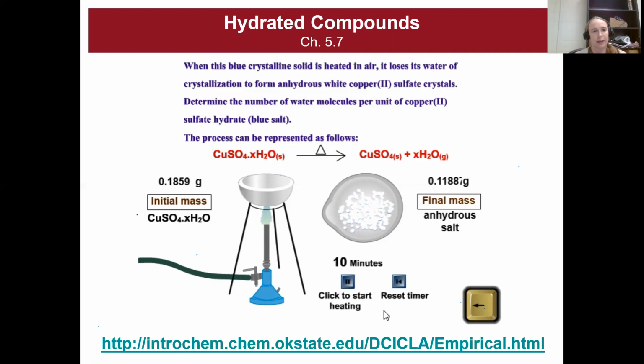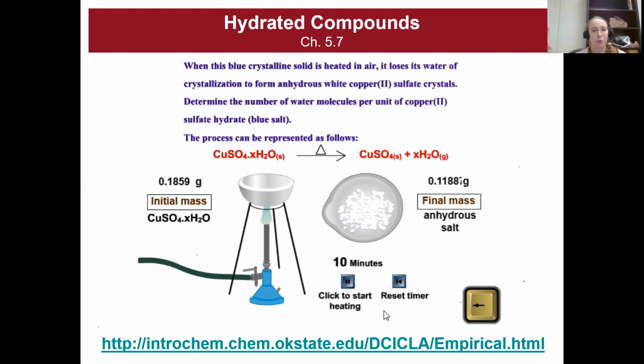You can see that we had an initial mass of 0.1859 grams, and now we have a mass of 0.1188 grams. So we lost about 0.06 or 0.07 grams of mass that was in the water.